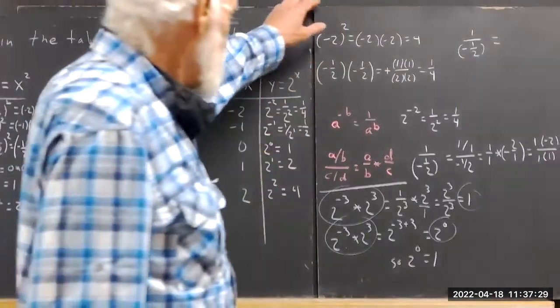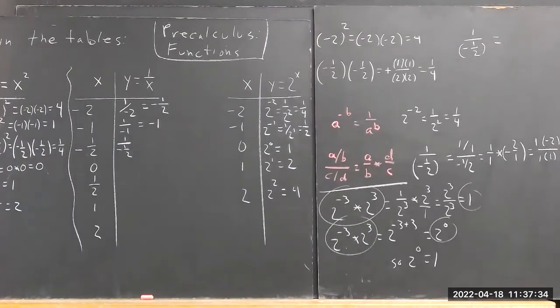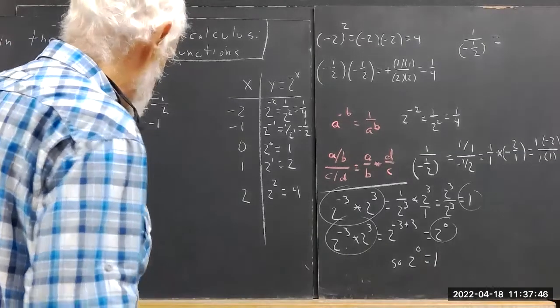I think maybe I'm off the edge of the board there. Let's see how much space I've got. I'm not sure I was even on the board with this whole explanation. I might have to go back and look at it.